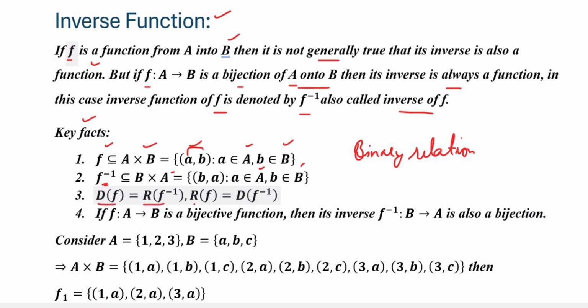Similarly, the range of f is always equal to the domain of f inverse. And this is one of the most important points of today's lecture: if f is a bijective function from A onto B, then its inverse f inverse is also a bijective function.